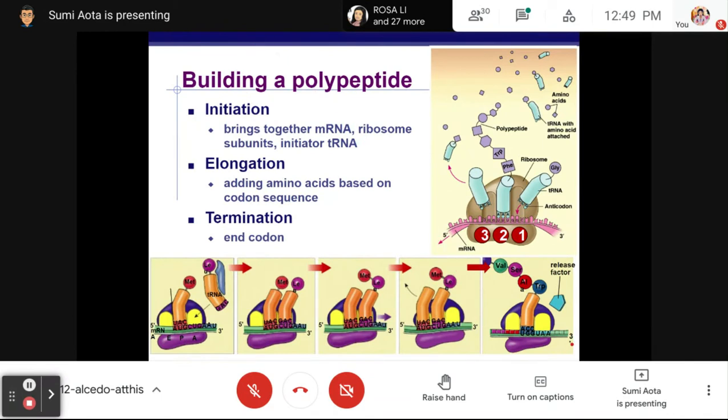The two subunits will then head back to the beginning of the mRNA, reattach at the AUG start codon, and start making another protein. This will continue for as long as the mRNA doesn't degrade. That's the entire sequence.